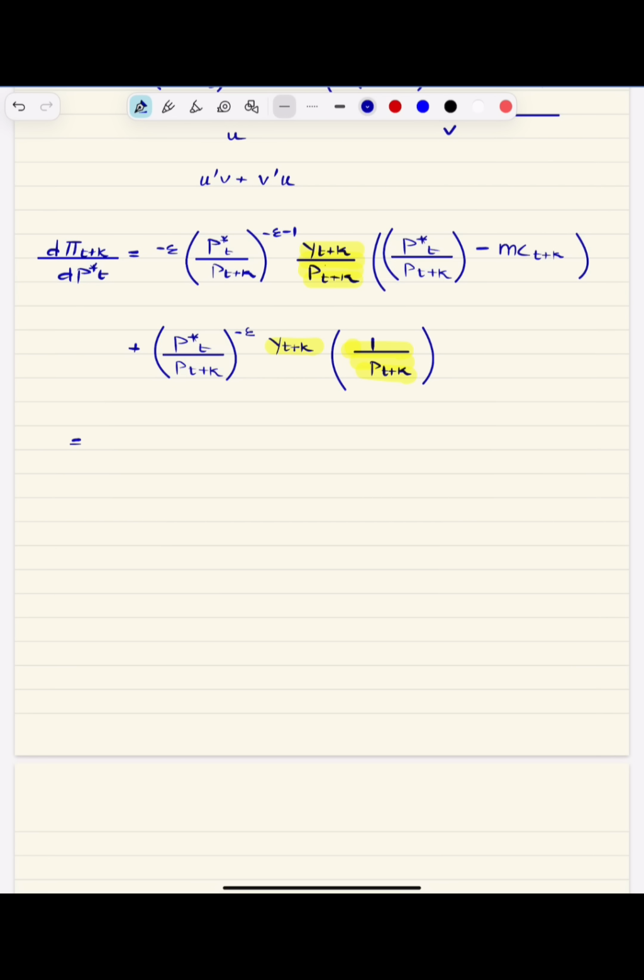We can take y t plus k over p t plus k as common, and I'll get a minus epsilon p star over p t plus k to the power minus epsilon minus 1, and then this is getting multiplied by p star over p t plus k minus marginal cost t plus k.